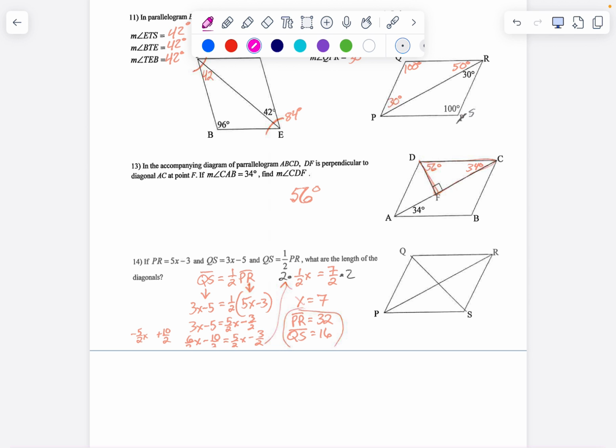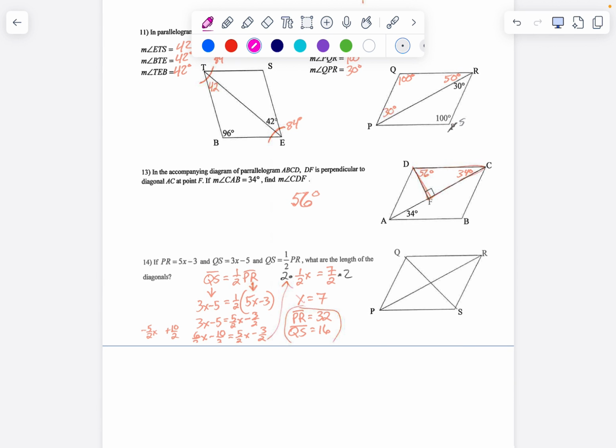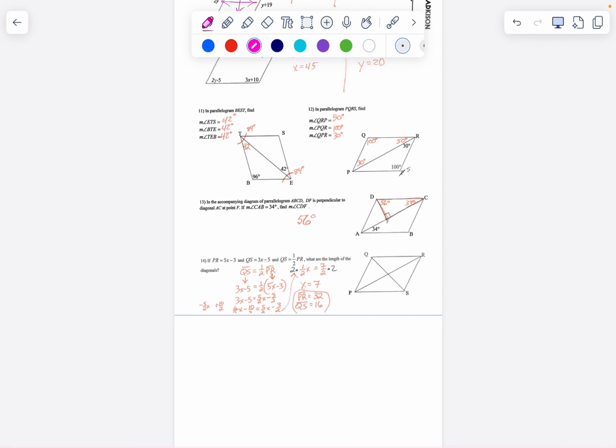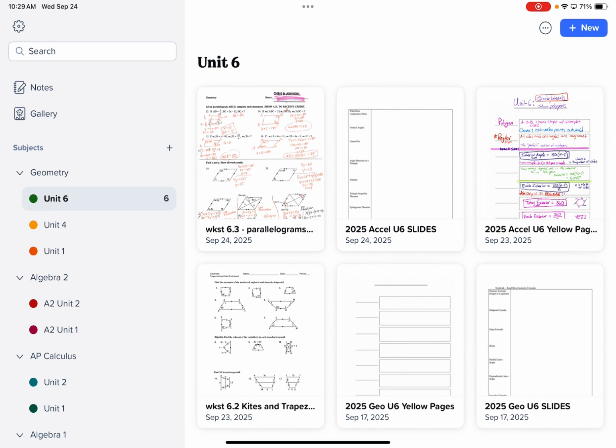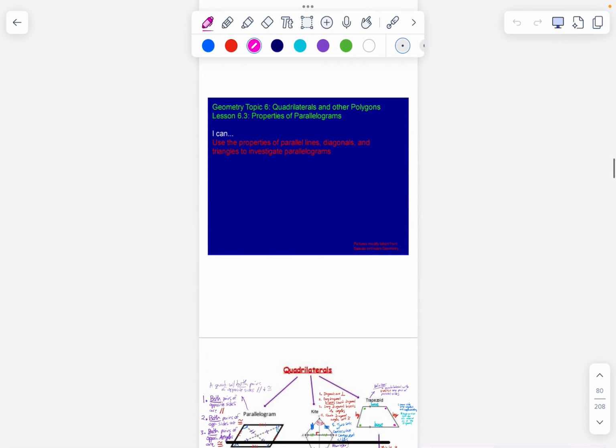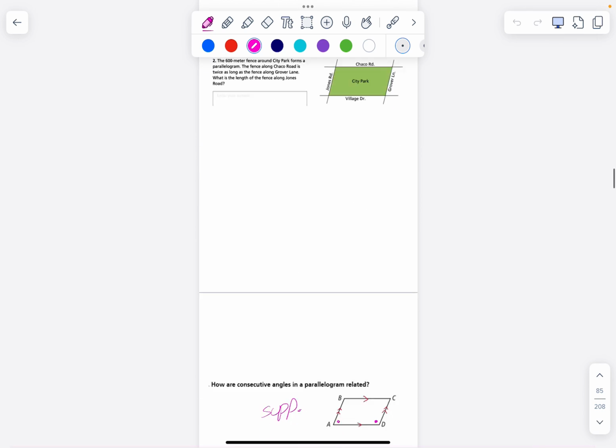All right, I'm seeing an average of probably around 4. So that's good. Any questions on them before we move on to the special parallelograms? There's a lot of stuff with these, so if you do come up with a question, please ask it quickly.